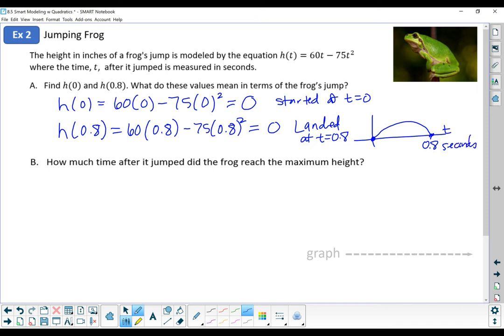So our next question is, how much time after the frog jumped did the frog reach the maximum? Well, for the maximum, we're looking for the value of the vertex. With the picture of the graph that I drew, you can maybe just see that that is going to happen at 0.4 seconds because it's going to be halfway between those two intercepts.